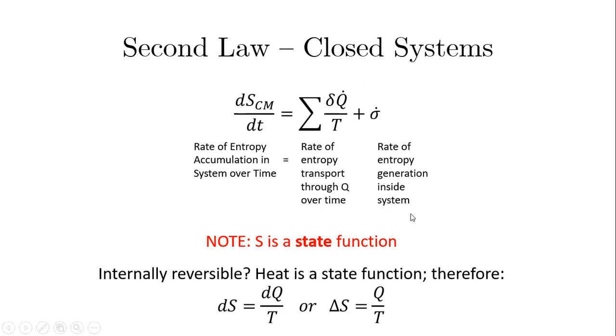So S, entropy, is a state function. If I start at one point and I come back to it, the delta S should be 0. And if I have something internally reversible, so again, I'm getting rid of that sigma, I get dS equals dQ over T. And again, I can sum them up over a bunch of different areas. I'm just showing you one heat transfer, but I can have multiple.